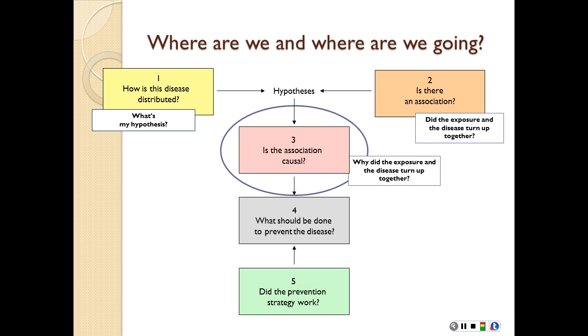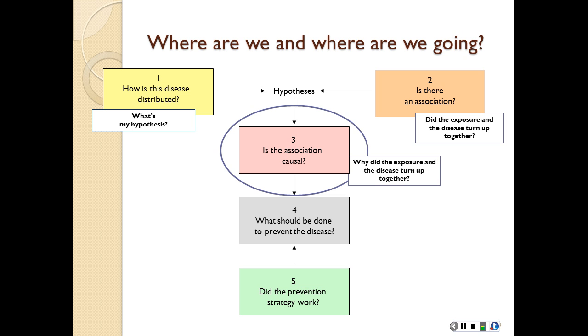Yes, exactly. That's exactly right. So it means that variable A and variable B, if variable A increases, variable B increases, or if variable A decreases, variable B increases. So the two are associated with each other, but that does not mean that variable A caused variable B. It just means that they are related.